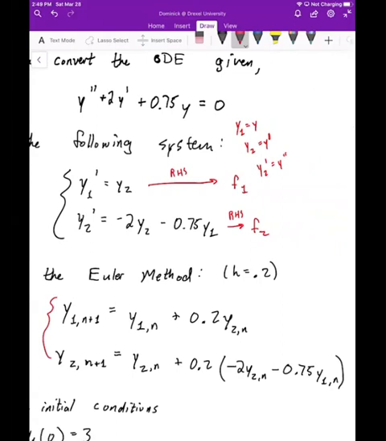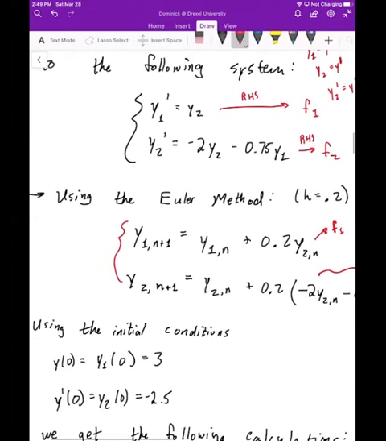In the first one, we take the previous y, and our function is just y2, multiplied by our step size h. In the second equation, we multiply our step size h by the function we're denoting y2 prime, so this is f2, and this is f1. That's where those things are coming from.